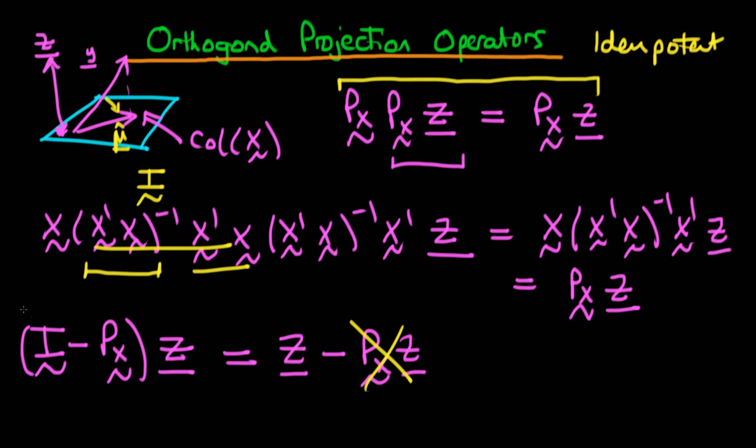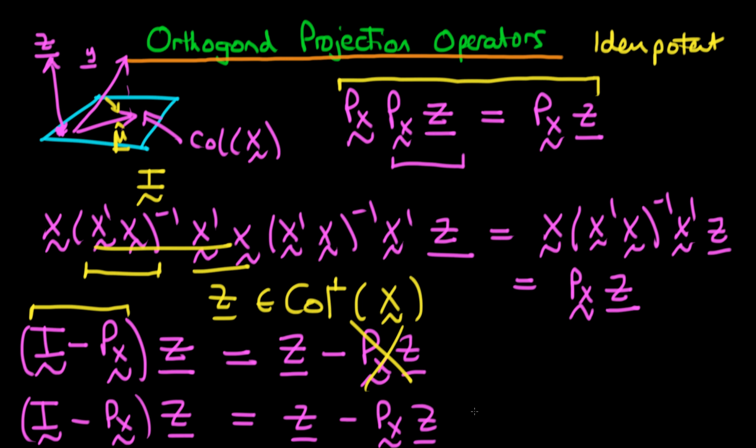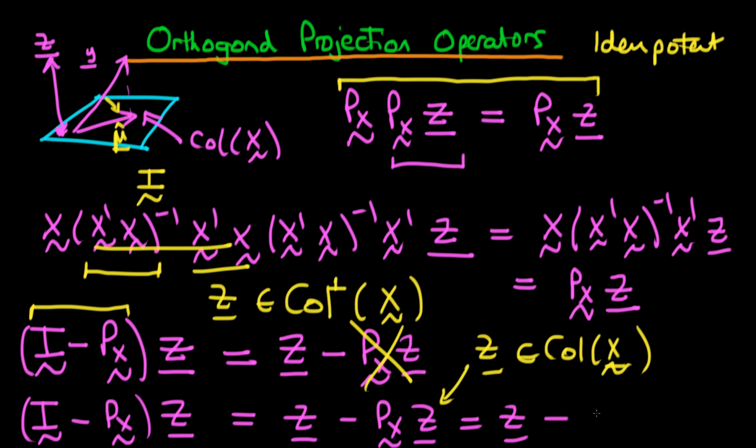So this operator applied to Z, if Z is itself orthogonal to the column space of X, which we can write with this inverted T to represent that it's orthogonal to the column space of X, just yields Z. Then if we think about the circumstance where instead Z is actually in the column space of X, I minus Px times Z is going to be Z minus Px times Z. Here Z is a member of the column space of X, so this second term is just going to be equal to Z, giving Z minus Z, because if it's already lying in the column space, the projection onto that column space is just itself.